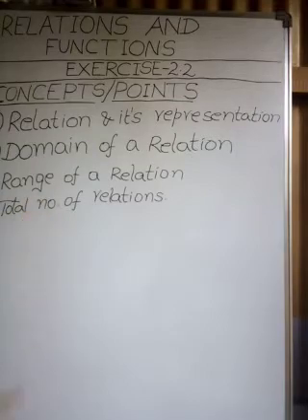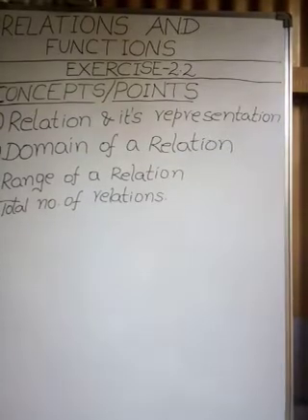And third point, range of a relation. How to find the range of a relation? What is the definition of range of a relation? And the fourth point is total number of relations. Okay, my dear children, are you ready to get the knowledge on these 4 points?